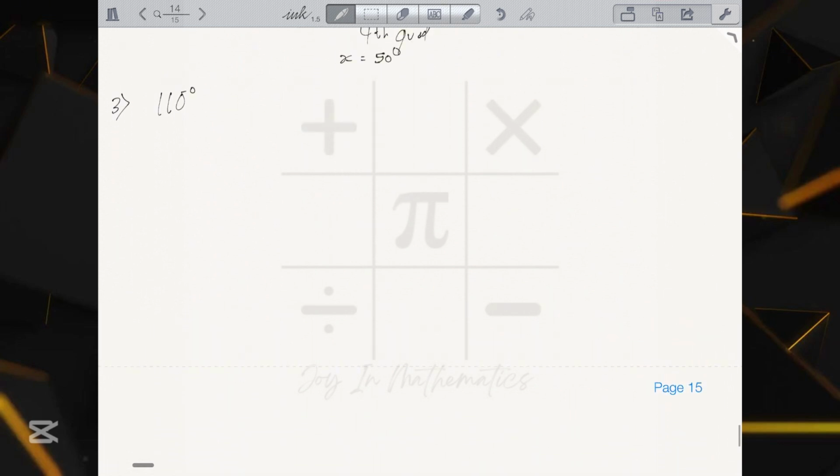If you look at this now, 110 degrees is greater than 90 degrees and is also less than 180 degrees. So considering that, we will have something like this, where the angle here in the anticlockwise direction is 110 degrees. Now the remaining acute angle is going to be called x.